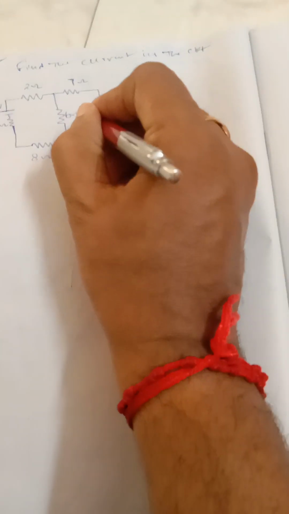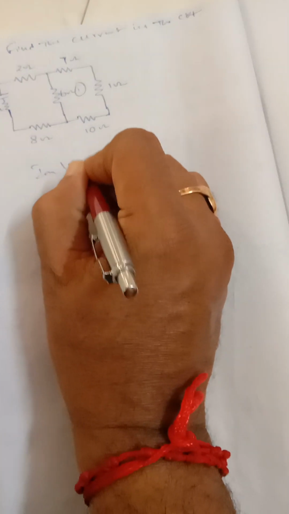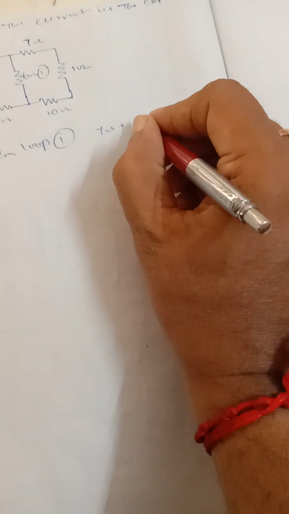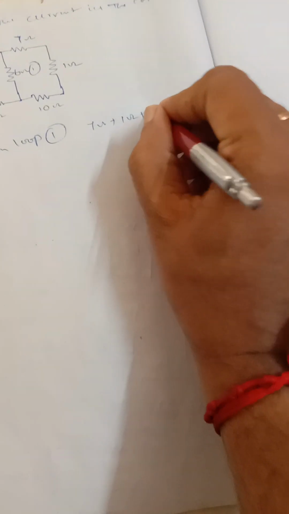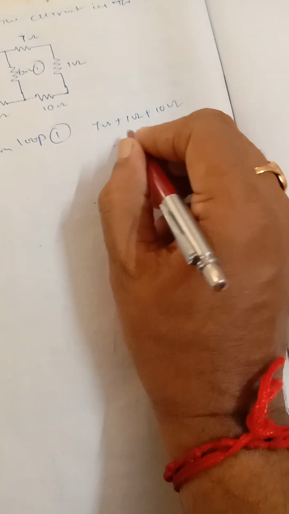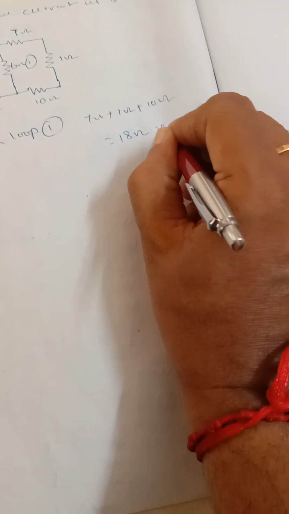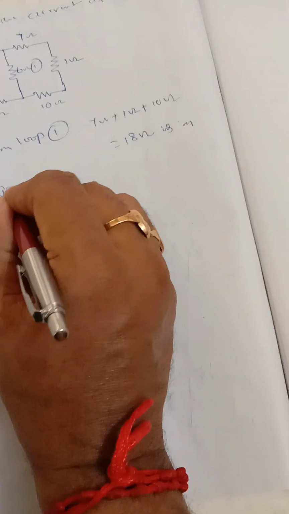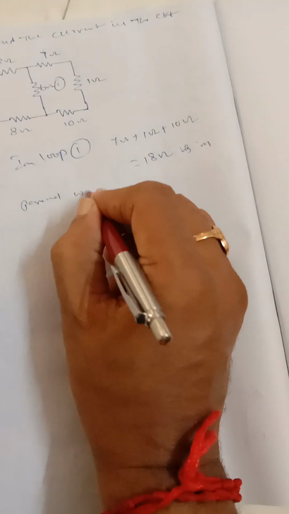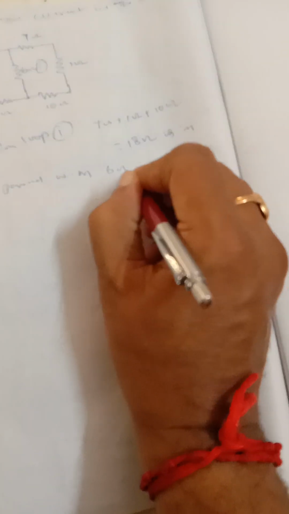That means the resultant for 7, 1, 10, suppose you make this loop 1, in loop 1, 7 ohms plus 1 ohm plus 10 ohms, that means 7 plus 1 is 8, plus 10, 18 ohms, is in parallel with 6 ohms.